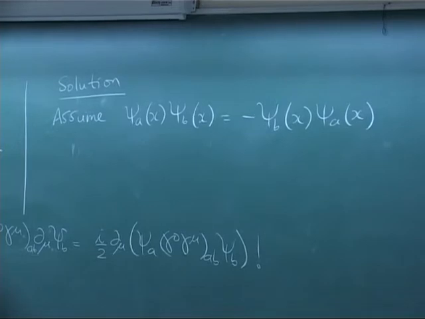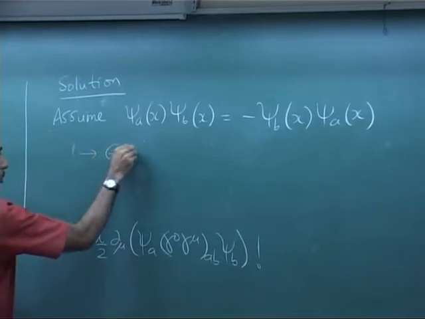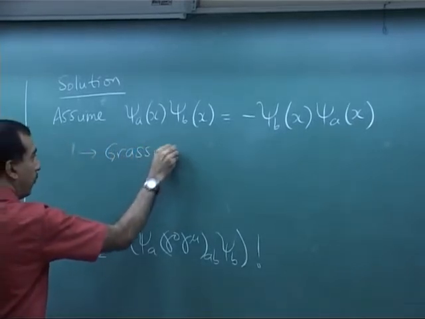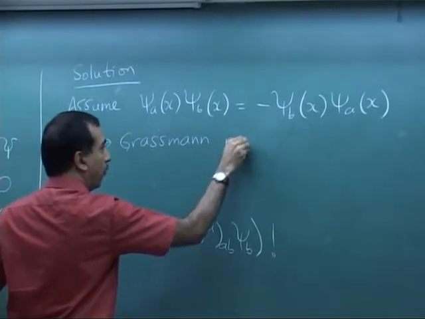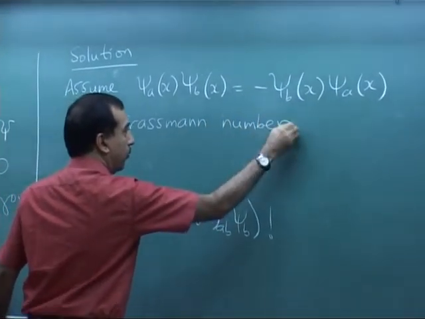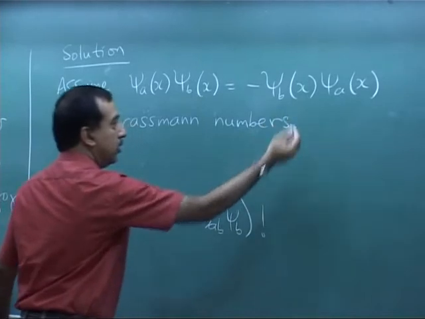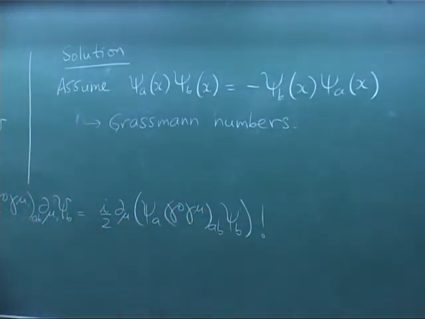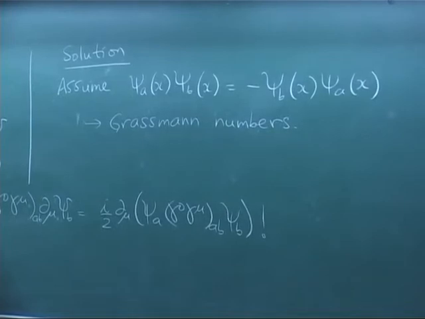Okay? Now, there is a kind of number called the Grassmann number, and it means that fermion fields should be valued in the Grassmann numbers, classically. Okay?